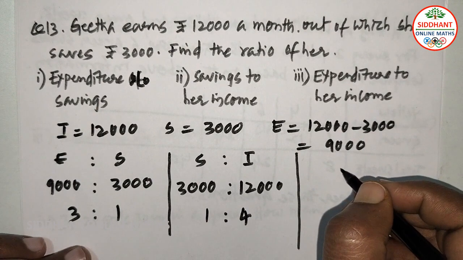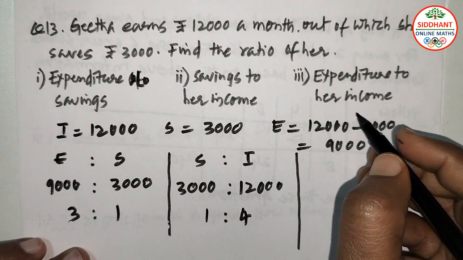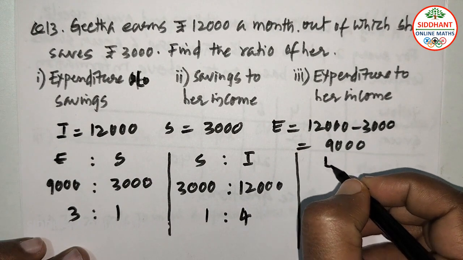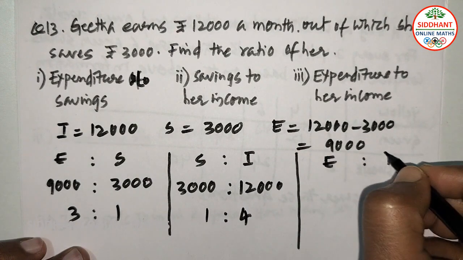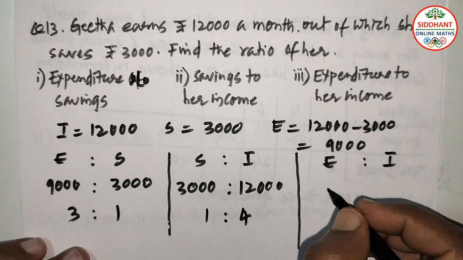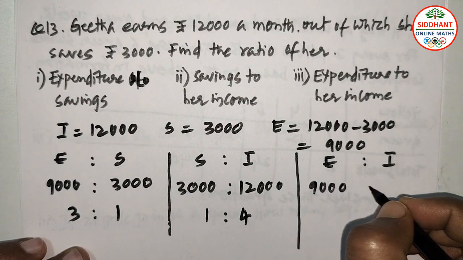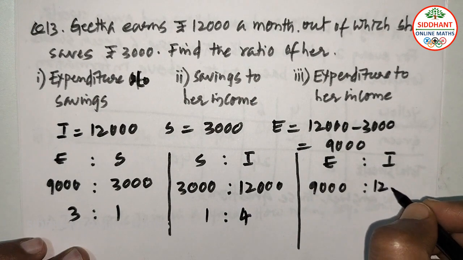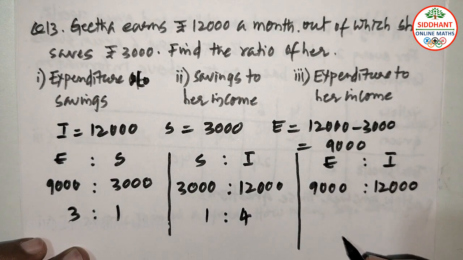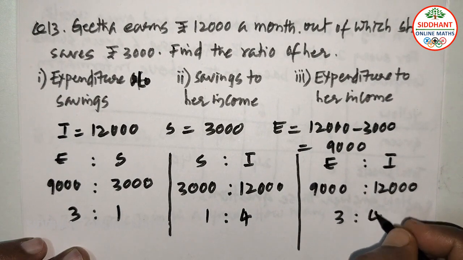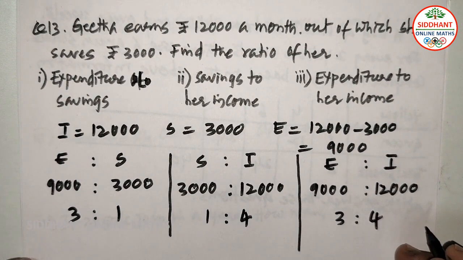Next we are going to see third question, expenditure to her income. So expenditure how much? 9,000. Income 12,000. So that will be 3:4. So this is the ratio here.